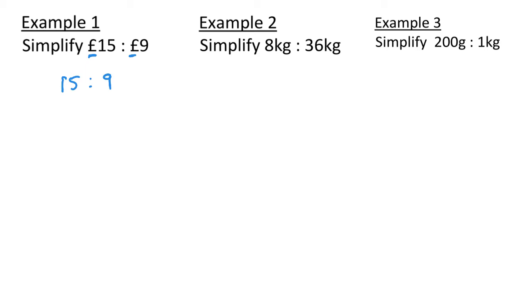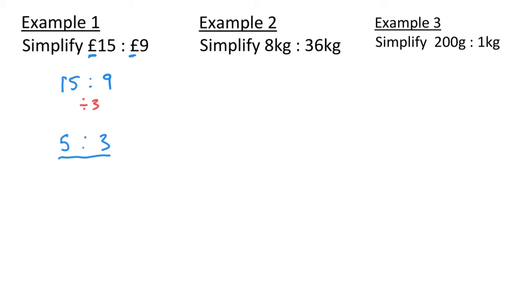The highest common factor between each of those, well, they each share a factor of 3, so we can divide both by 3, and we get 5 to 3. So 15 divided by 3 is 5, 9 divided by 3 is 3, and 5 and 3 don't share any factors, so we leave it as 5 to 3. And remember, we don't need the pounds because we don't need units.